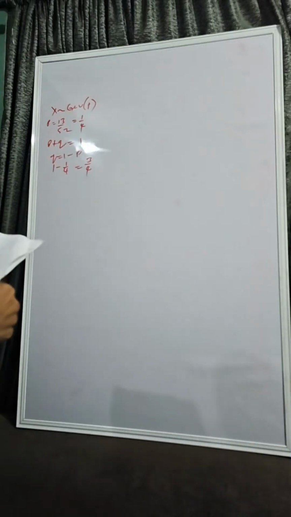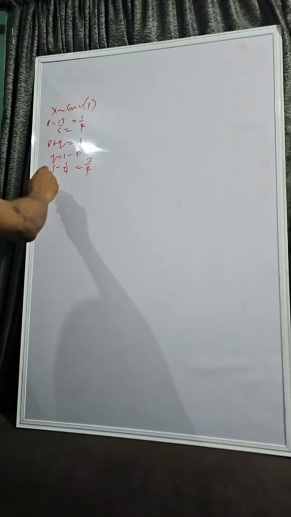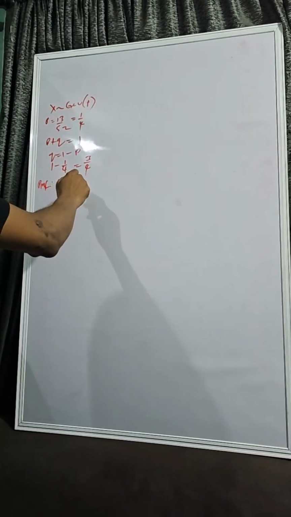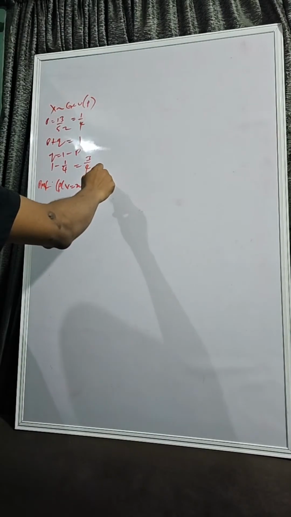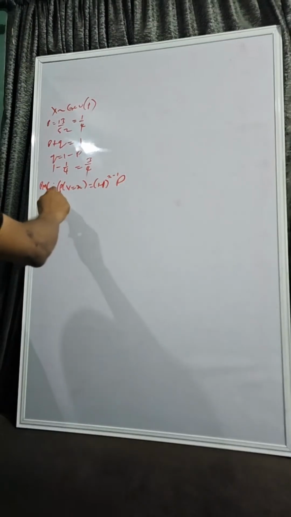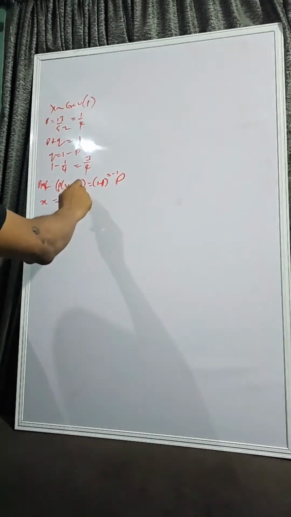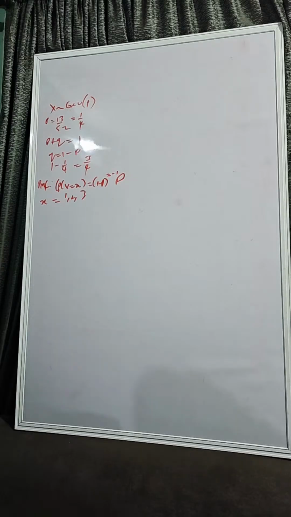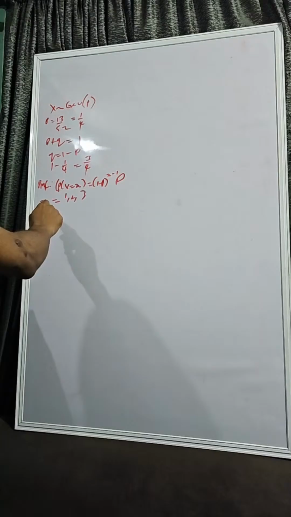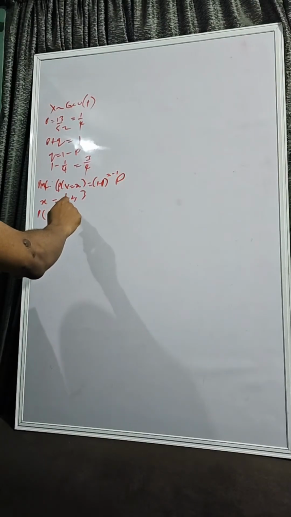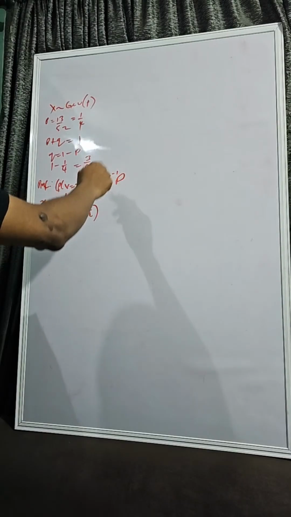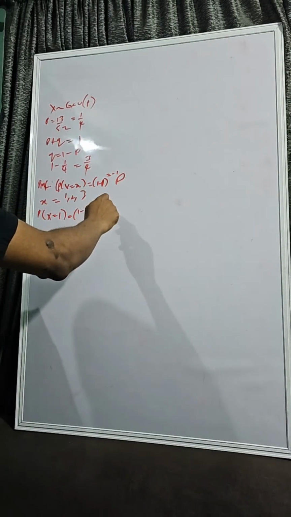Okay? So don't forget, our probability mass function for geometric is (1 minus P) raised to x minus 1, times P, where x equals 1, 2, and 3. So let us now find each one. Probability of x equals 1 is (1 minus 1 over 4) raised to 1 minus 1, which is 0, times P, which is 1 over 4.